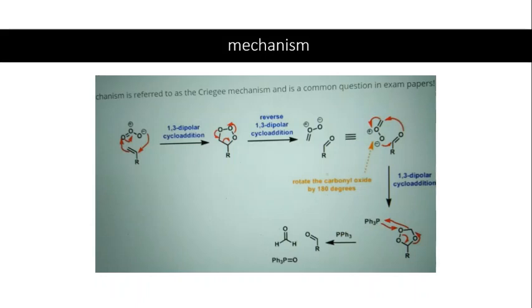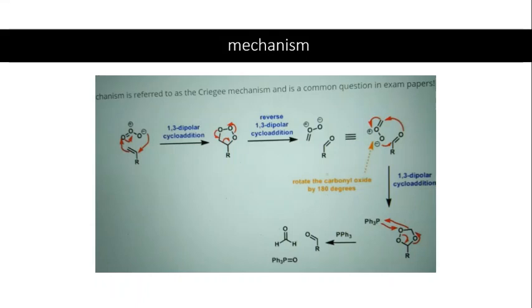So you can see that the stable triphenylphosphine oxide, this is a stable species that is resulting, and the ultimate product of this ozonolysis is the formation of the two carbonyl compounds, the formaldehyde and the other aldehyde, along with this triphenylphosphine oxide. So you can see there is a cleavage of the double bond that has taken place during this entire reaction.